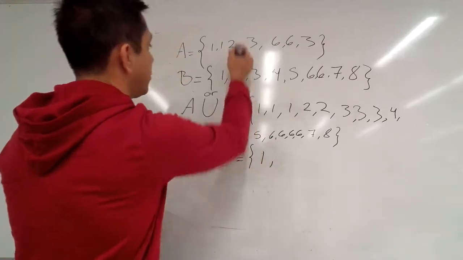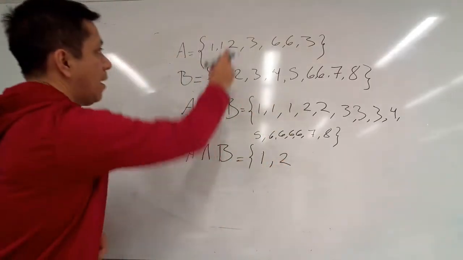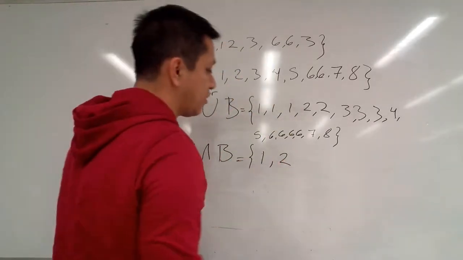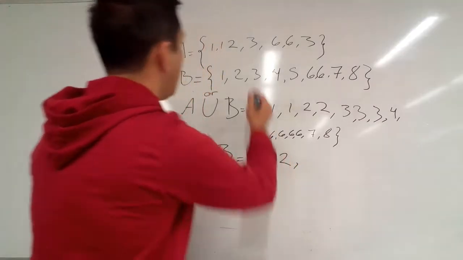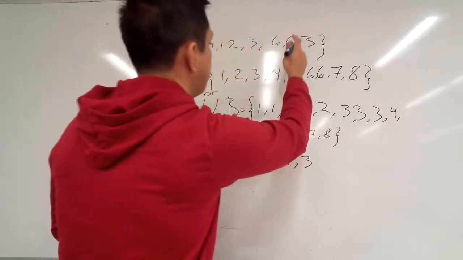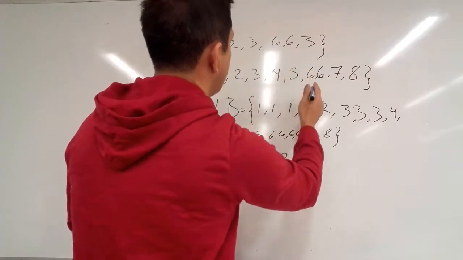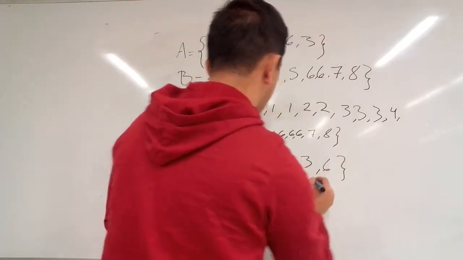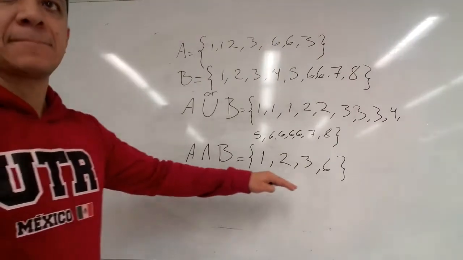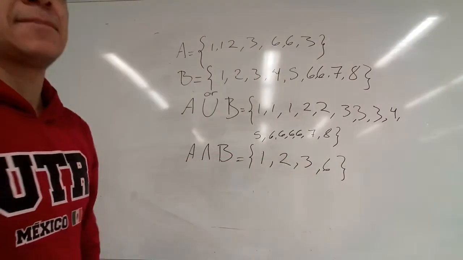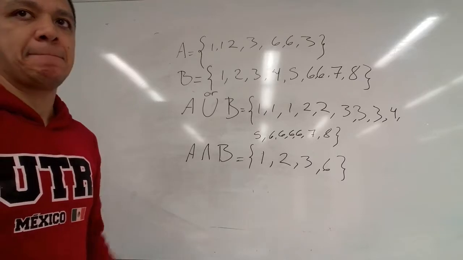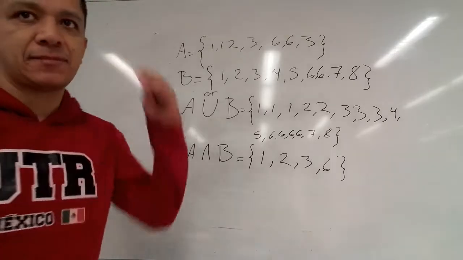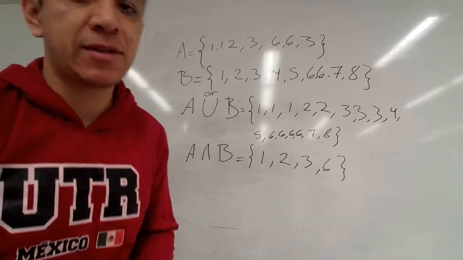In the case of the number 2, it appears here and here, so we will have the number 2, and we can check with the number 3. The number 6 also appears here, and nothing else. So this is the final answer: 1, 2, 3, and 6. If I'm correct.